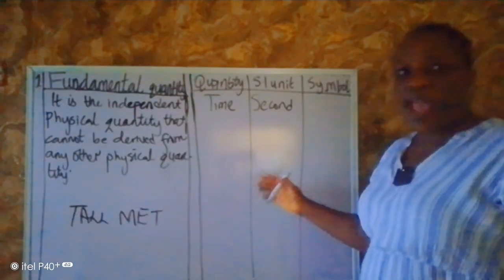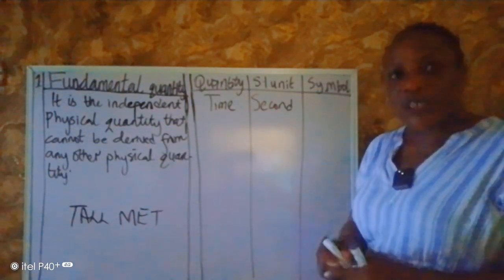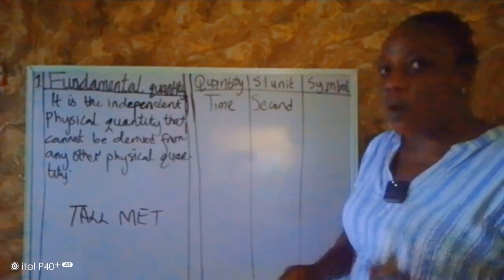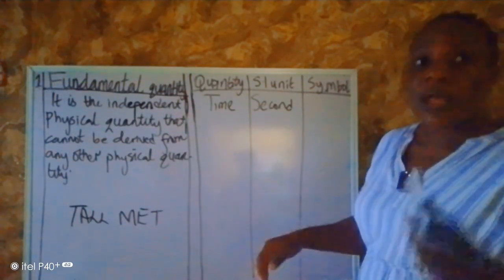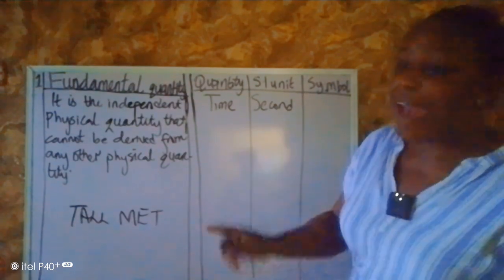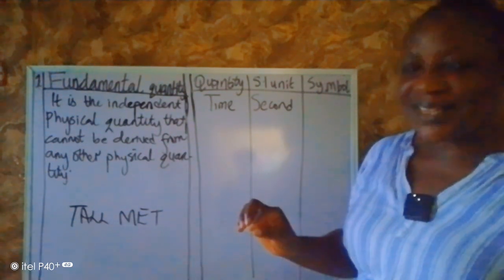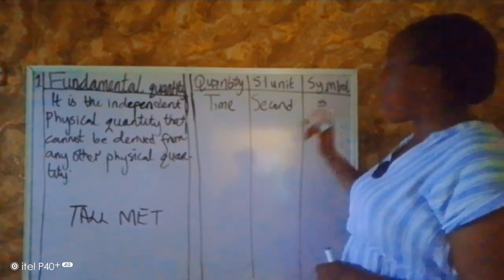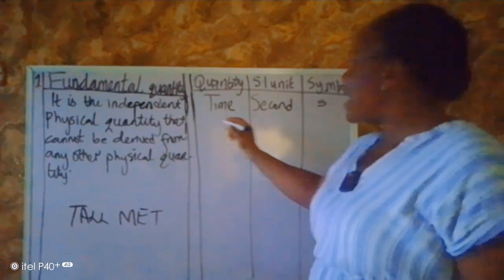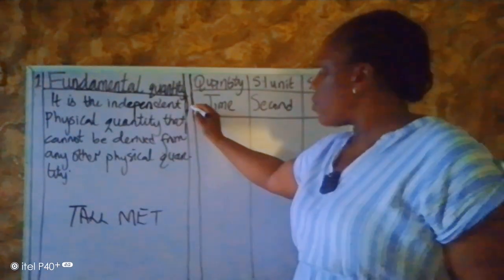They have the same definition. Fundamental quantities cannot be derived from any other physical quantity. Fundamental units cannot be derived from any other unit. Have you seen that it's the same thing? Very good. The symbol for second is our small s. So whenever you see this, just know that we are talking of time. So this is the first one.